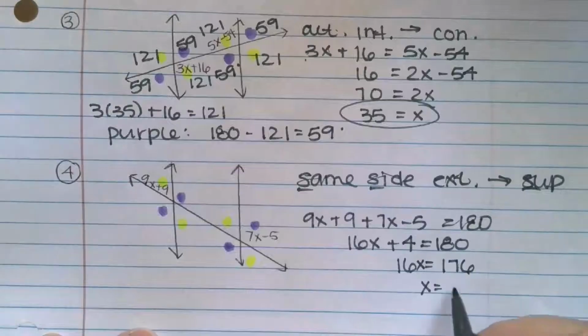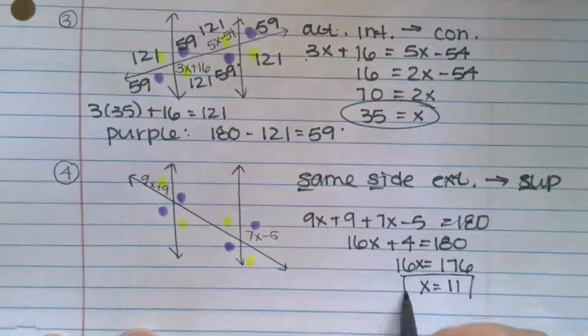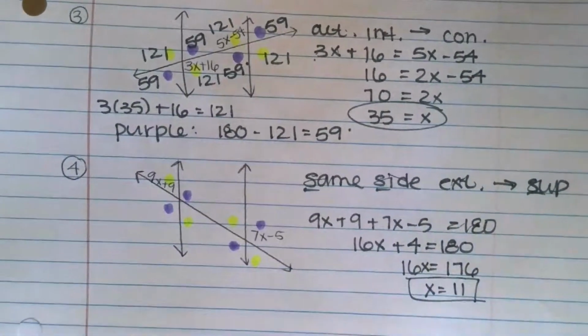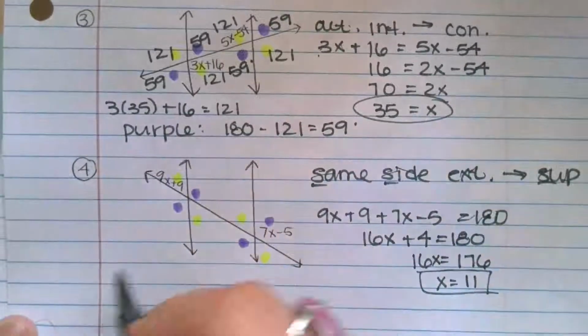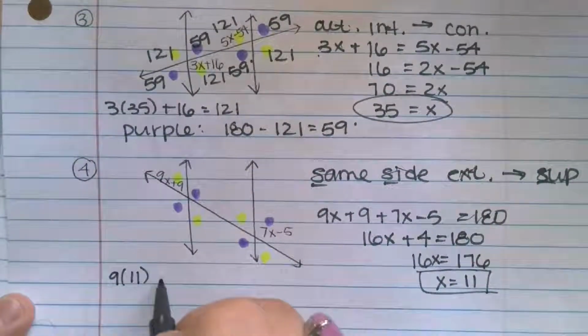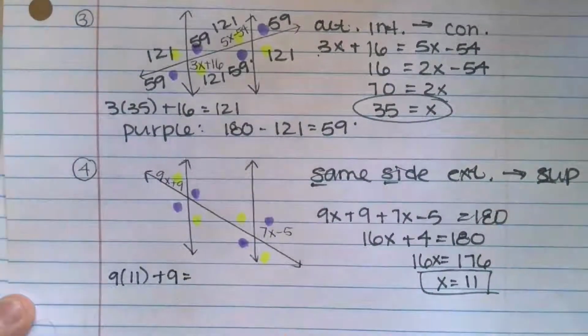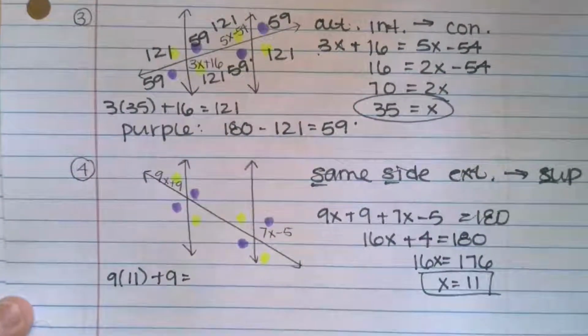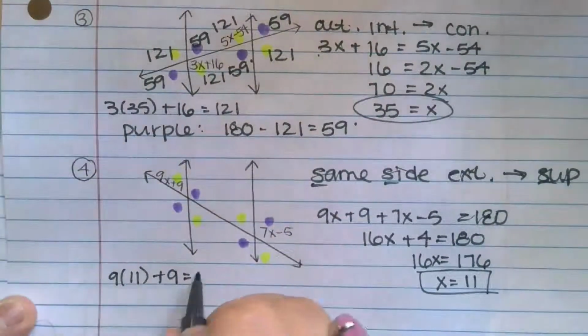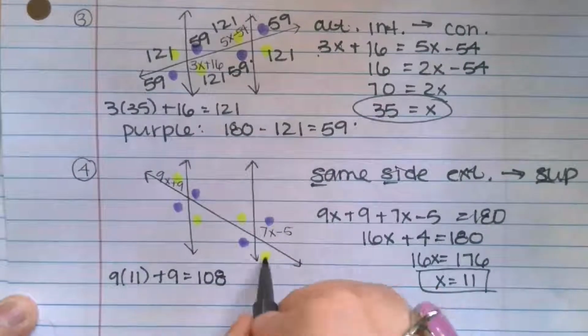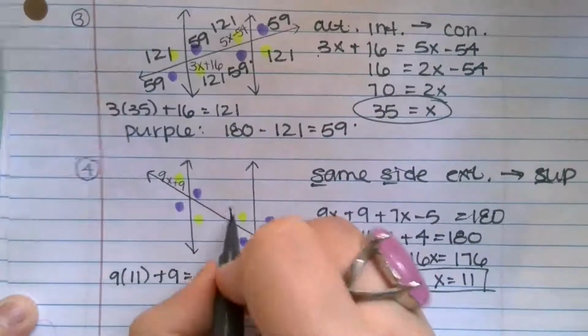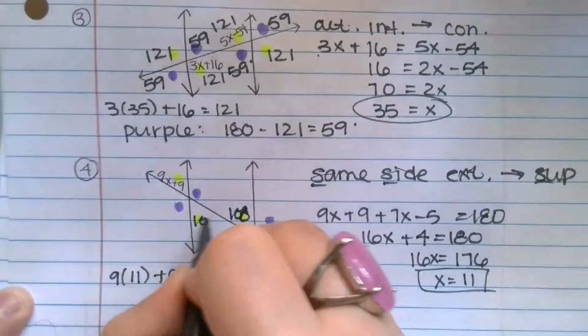And we get x equals 11. So now we can substitute in 9 times 11 plus 9, which gives us 108. So all of our yellow angles are 108 degrees.